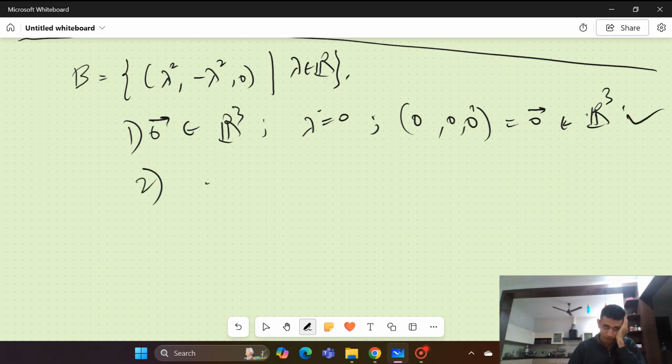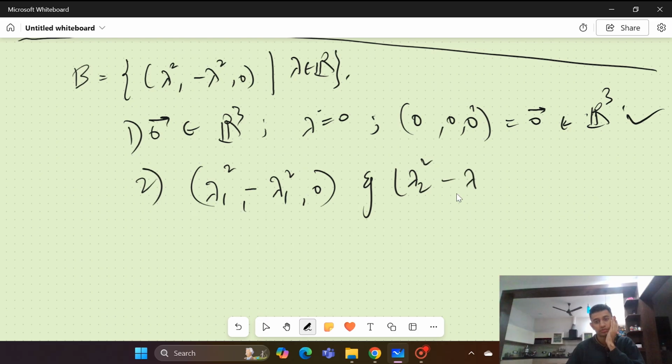You can look at the second one. Again, you assume two concrete values. You sum these, and then that becomes lambda 1 squared, lambda 2 squared.